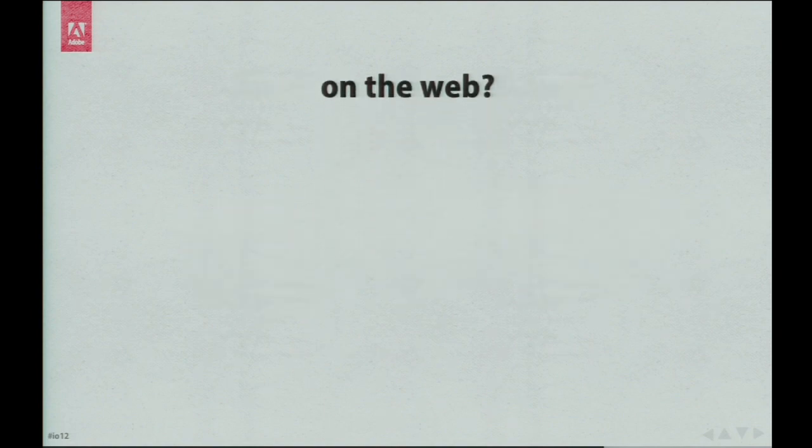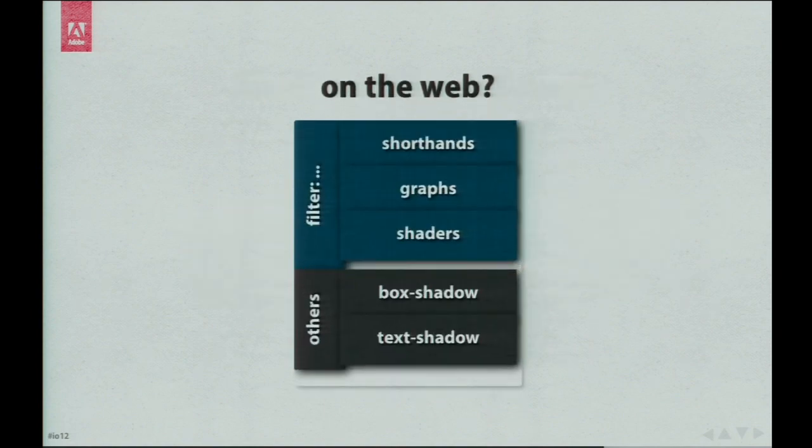So this is coming to the web, and the way it's coming is through a number of filter effects. We have, at the bottom in gray, the text shadow and box shadow, and I have a glitch in my rendering here. I apologize for that. But text shadow and box shadow are kind of the ancestors of the modern filter effects that are coming, and that let you do simple things, but they're available and they can be powerful.